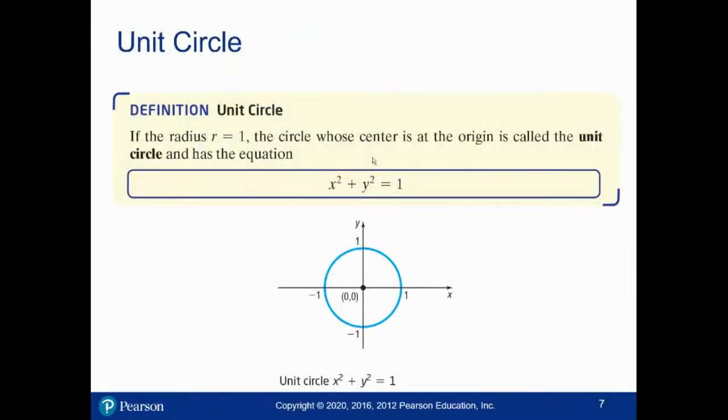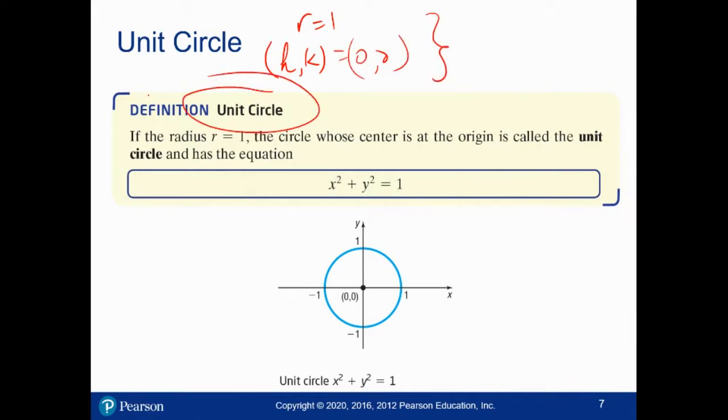The unit circle, and this is going to be really important for us right around midterm and then for the rest of the semester after that. If the radius is 1 and the center is the origin, this together is called the unit circle. So since the center is the origin, this side looks pretty nice.